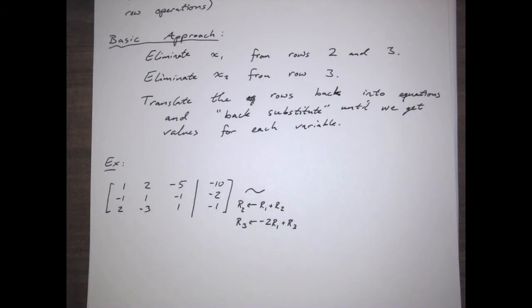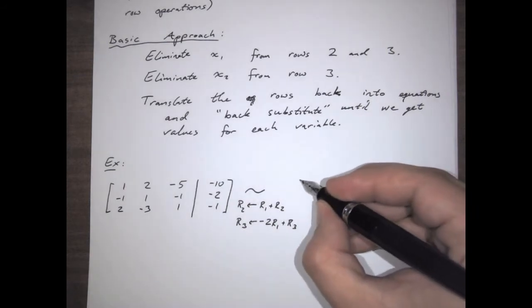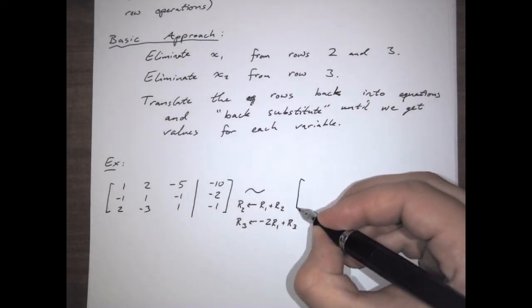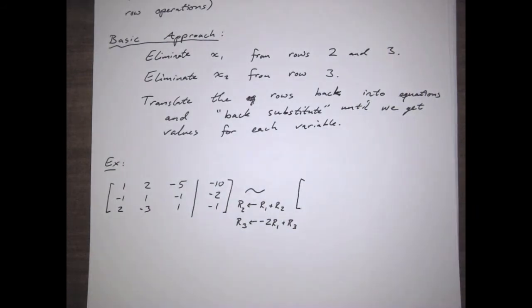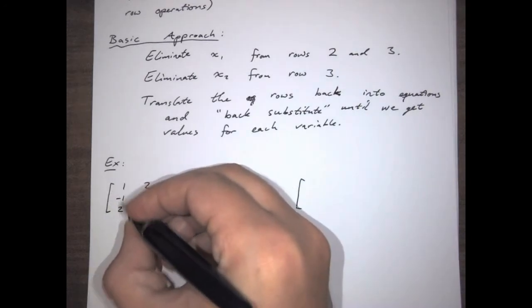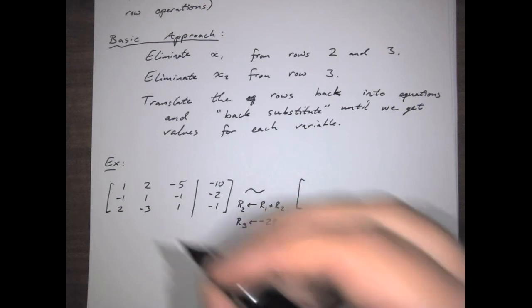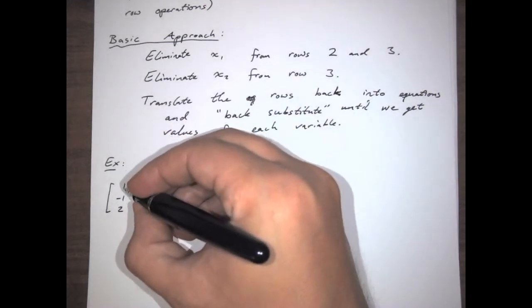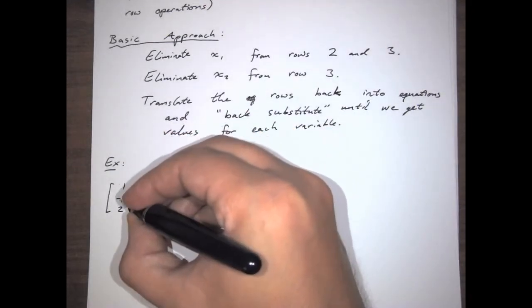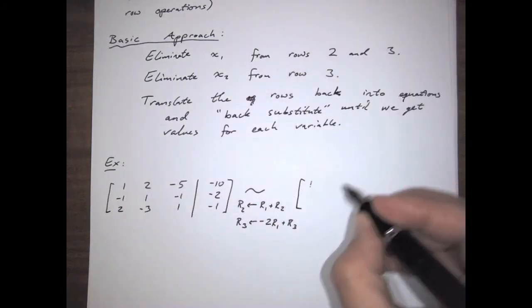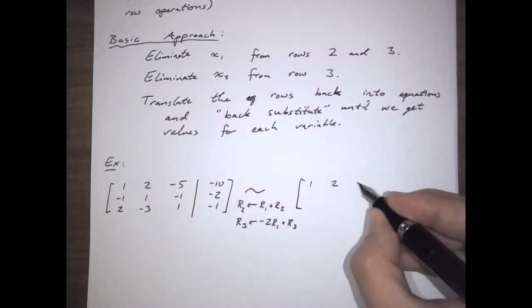So now the goal once again was to clear that out from there and that out from there. As for the other entries, they are just going to become whatever they're going to become. It's out of our hands really, we just have to live with it. So I'm going to take row 1 and add it to row 2, and that'll be the new row 2. Row 1 will be unchanged.